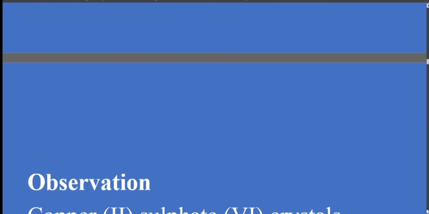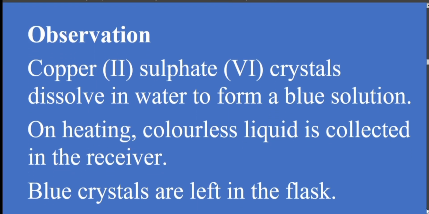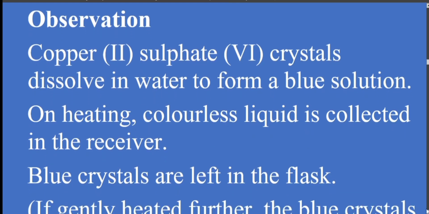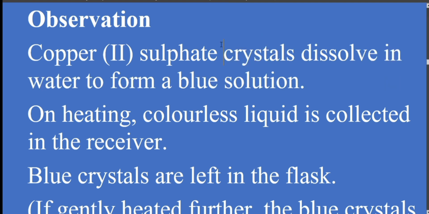So what do we observe after having done this? Copper 2 sulfate crystals dissolve in water to form a blue solution. On heating, colorless liquid is collected in the receiver.